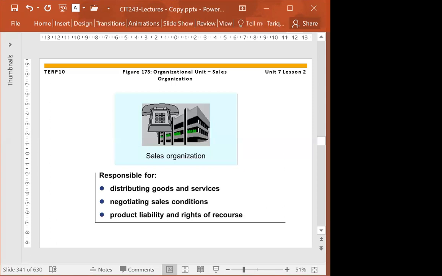And if you want to do the sales statistics, then sales organization is the highest level where you can sum all the amounts. All the sales documents must belong to the sales organization.